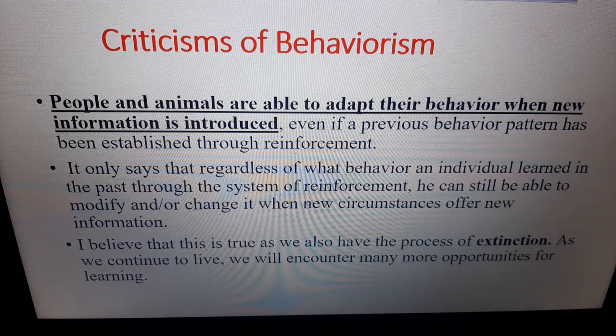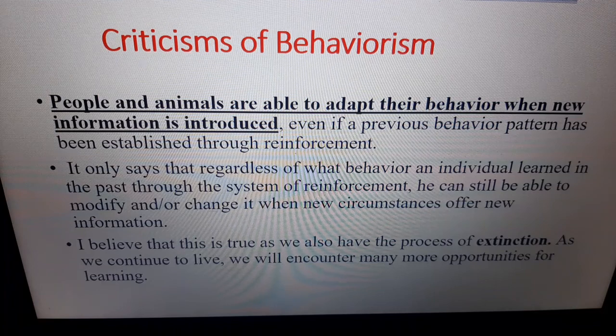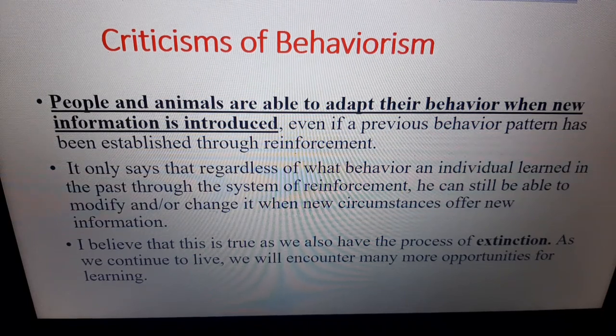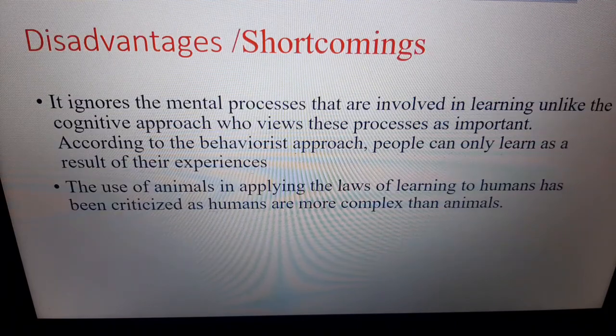I believe that this is true, as we also have the process of extinction. As we continue to live, we will encounter many more opportunities for learning. Actually, this is a criticism from a critic.